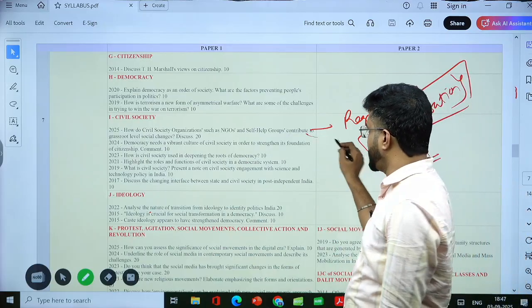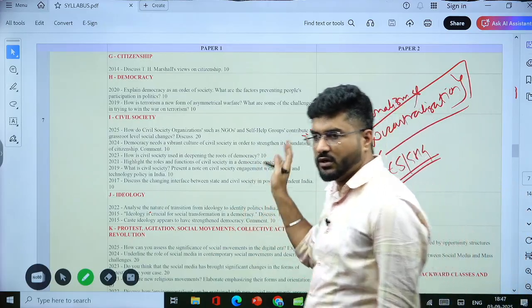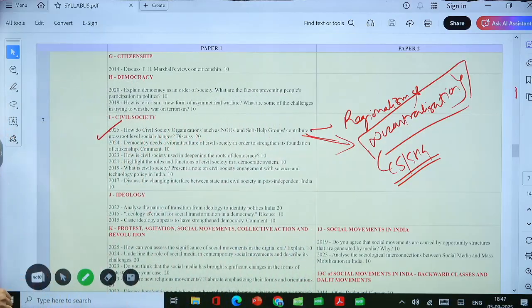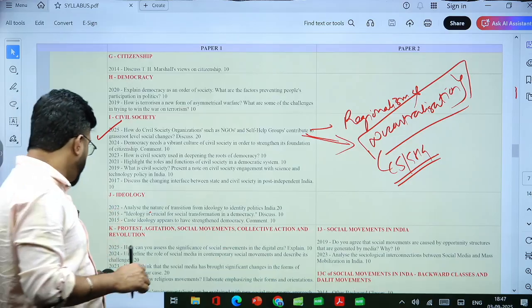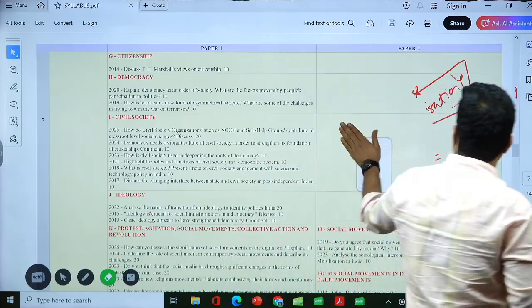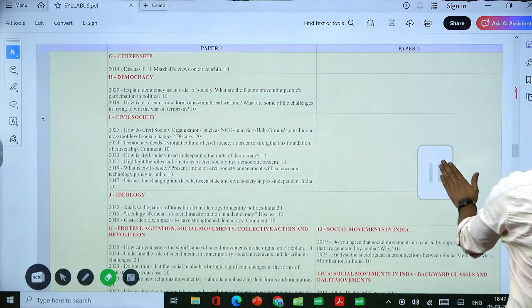This is nothing but an example or application part from paper 2 which is asked in paper 1. Done? So whenever you read about civil society, integrate your paper 1 and paper 2.